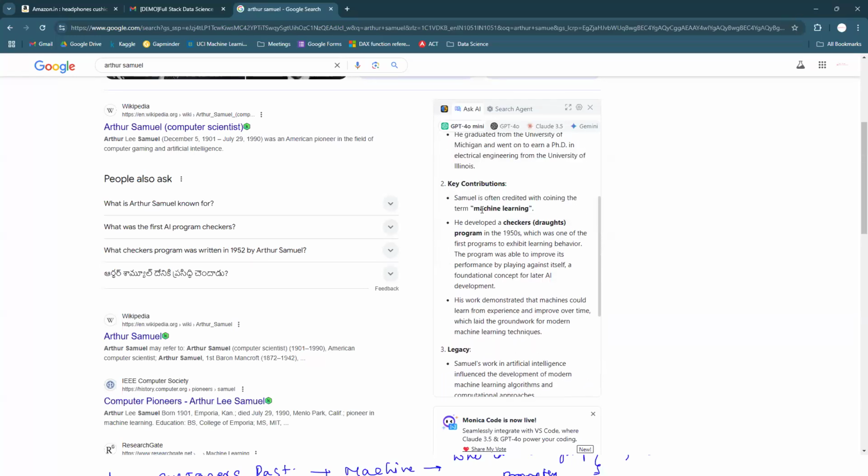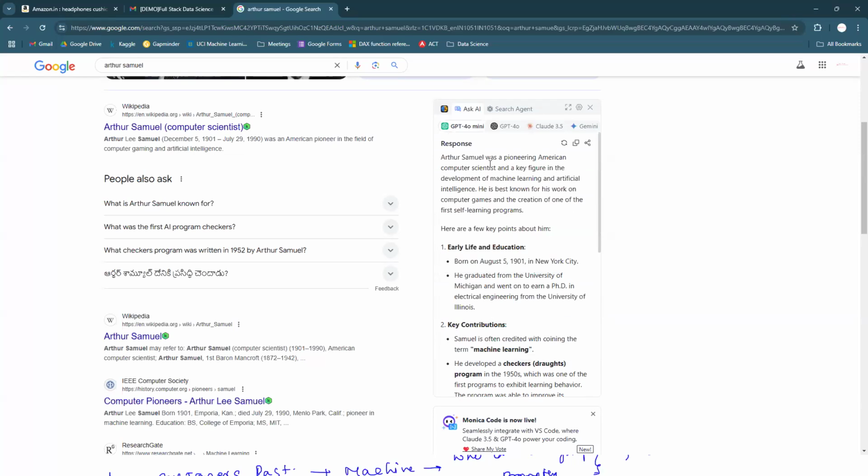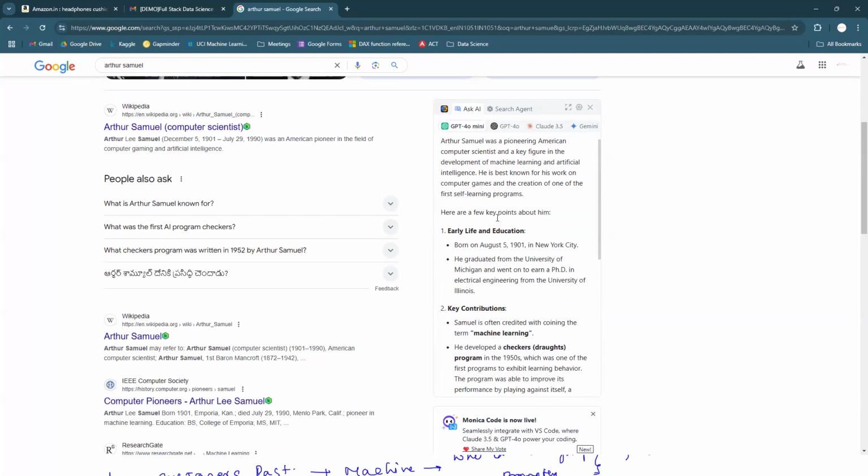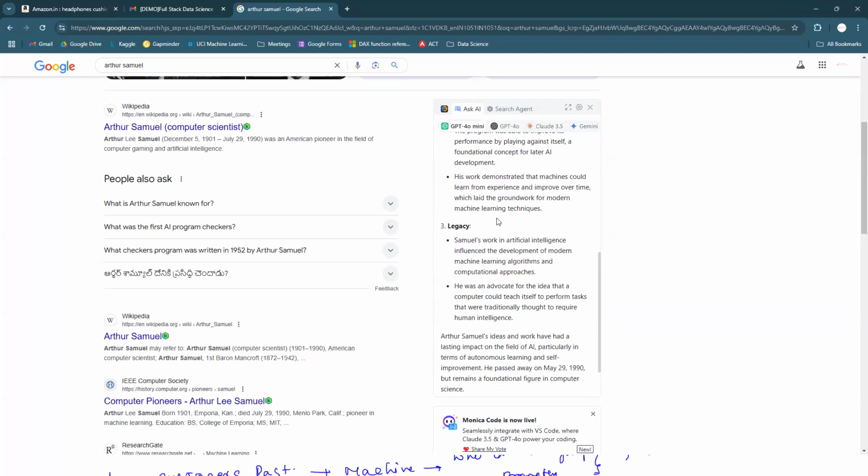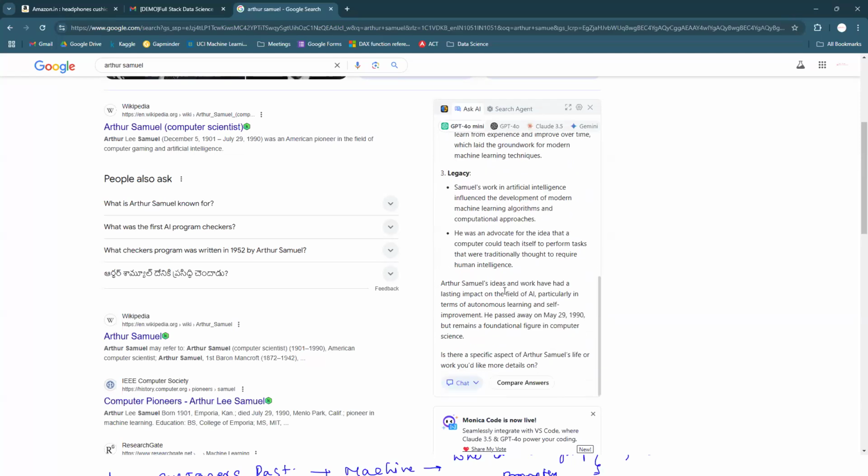Arthur Samuel was a pioneering American computer scientist and a key figure in the development of machine learning and artificial intelligence. He was best known for his work on computer games and the creation of one of the first self-learning programs. According to him, he generated this concept of machine learning.